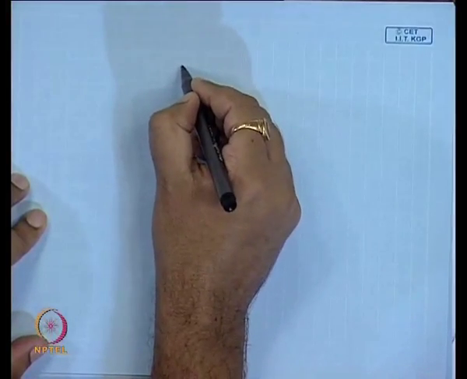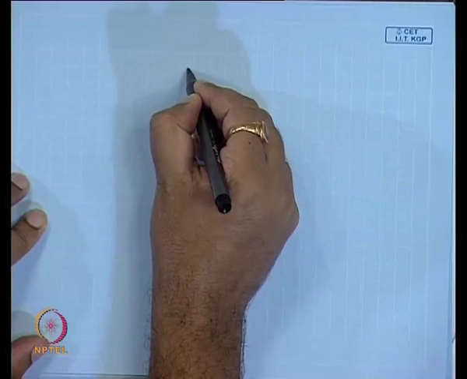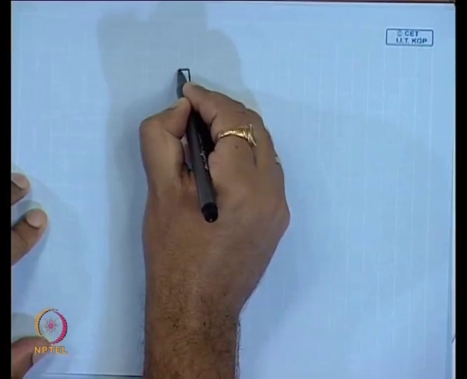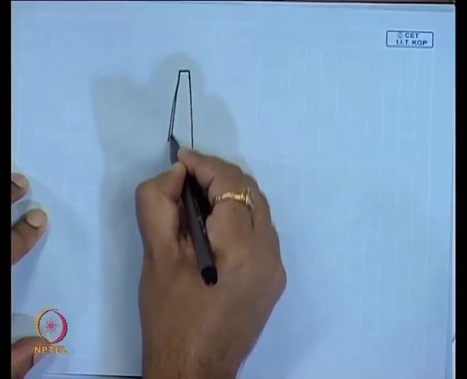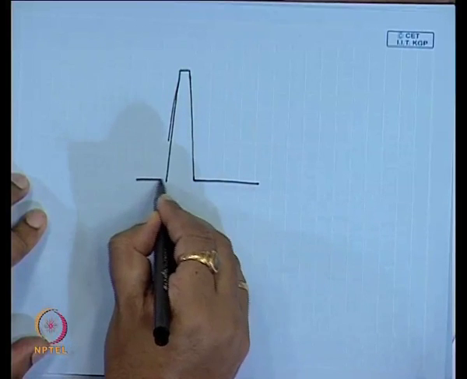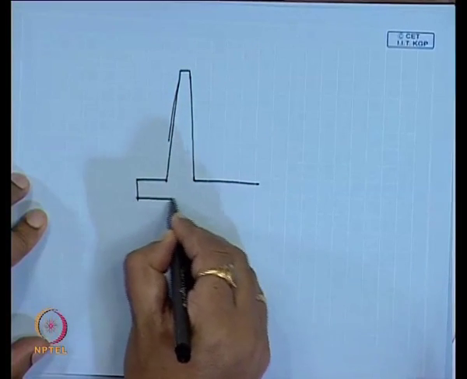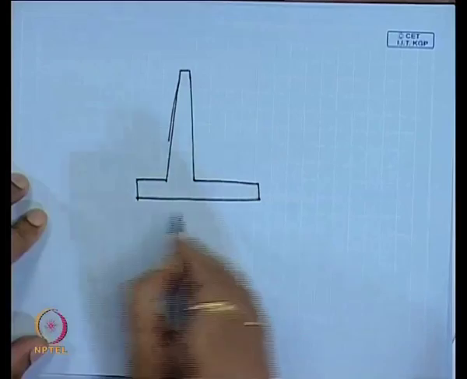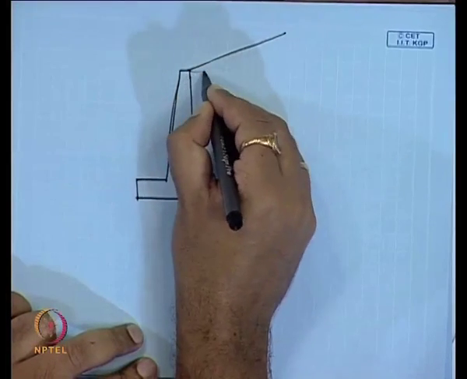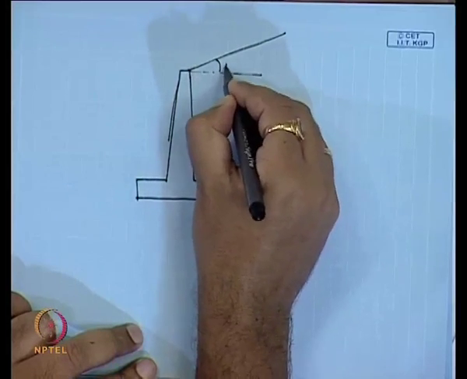Now, if I consider the total free body diagram, or the total forces of this type of retaining wall, this is the vertical portion, so this is the retaining wall, and the backfill surface is making an angle i.